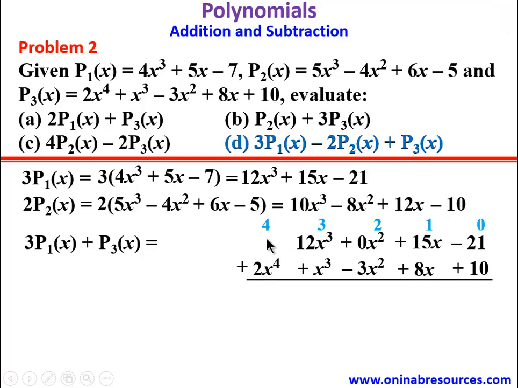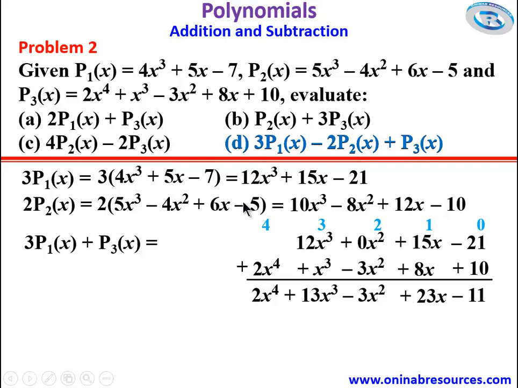So we are here, there's nothing to add. So I have 2x⁴, 12x³ plus x³ gives 13x³, 0x² plus negative 3x² gives negative 3x², 15x plus 8x gives 23x, and minus 21 plus 10 gives negative 11. So we have negative 11 there.